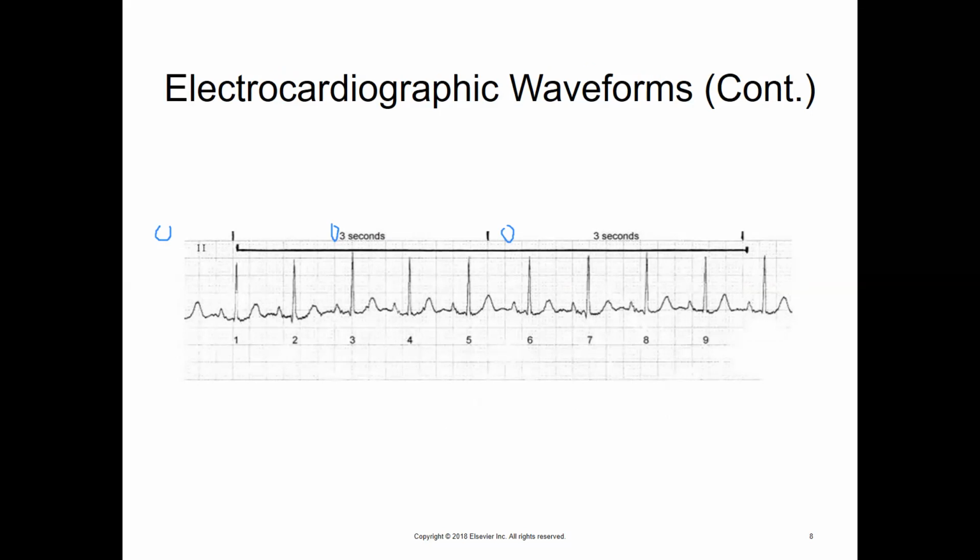So you're going to count the QRS complexes in a 6-second period. The QRS complex is these points right here. You count those, and there are 9 of them in a 6-second interval, and then you take that number times 10, and it gives you the heart rate. So this heart rate would be 90.